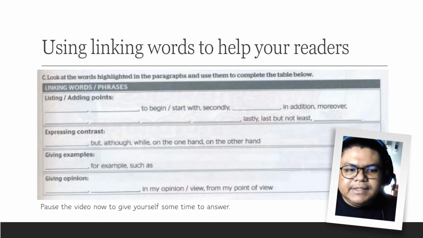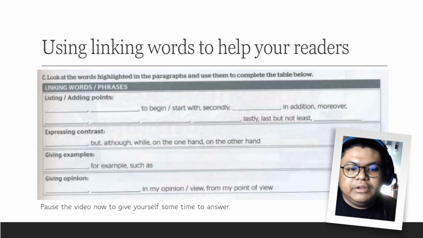Okay, so tadi listing, so kalau expressing contrast idea, maksudnya kalau kata awak nak bercakap, mungkin if you want to mention about a contrasting idea that is going against your first statement, for example, then there are words that you can use for that.